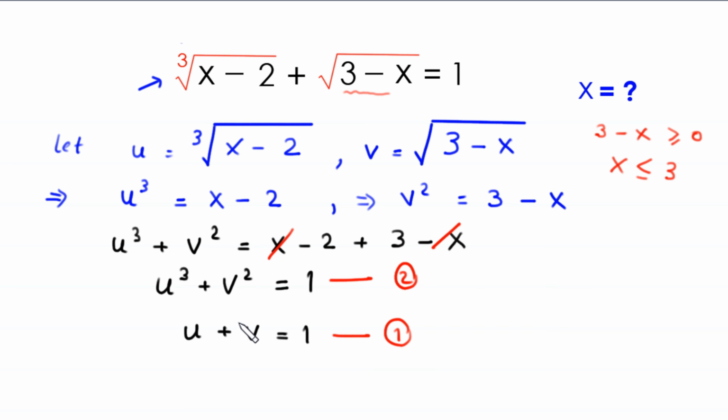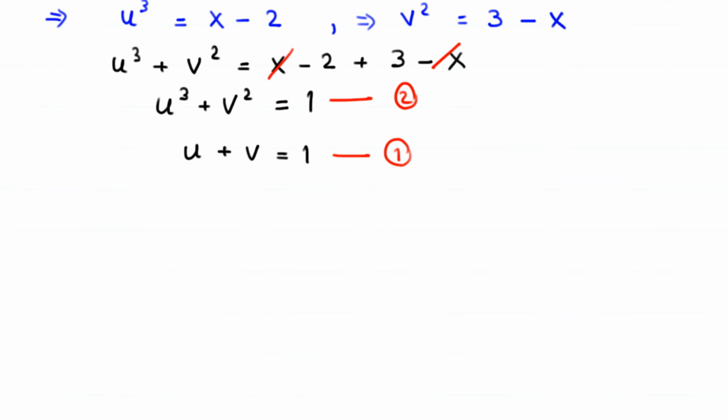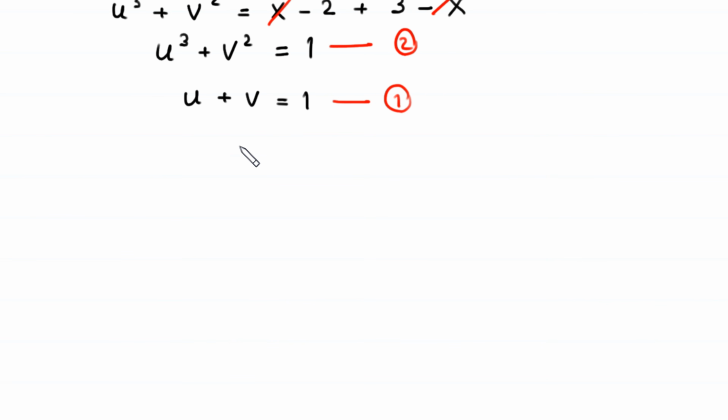Now we have a system of two equations. So we solve this system and find the values of u, then we find the values of x. From the first equation, if we make v the subject, we move u to the right hand side, so v is equal to 1 minus u.